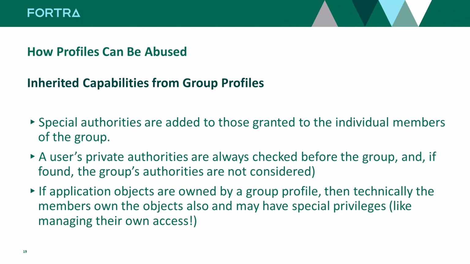At a high level, IBM i is going to look at the special authorities first, then the private authorities of both the user profile first and then of the group profiles it's a member of. A risk that presents is that if a group owns objects, all of the members of that group also own those objects because all of the private authorities the group profile has are inherited by those group members.